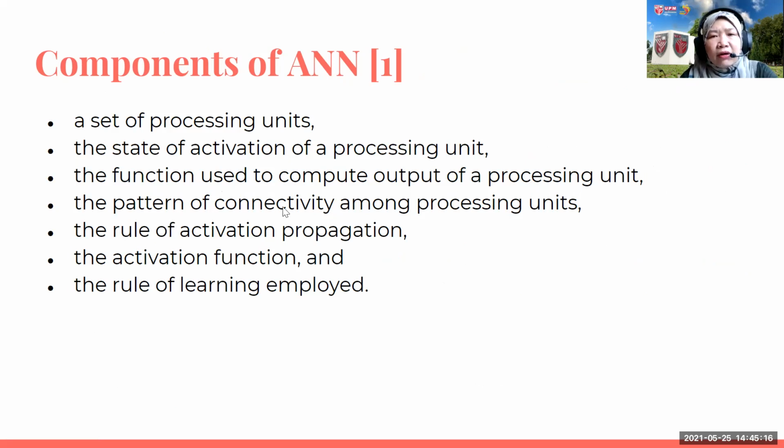Then the pattern of connectivity, meaning all the arrows or the weights, and the rule of activation propagation: how you are going to process any summation value and decide the results, and also how you are going to pass it back to the weights, and the rule of learning employed.